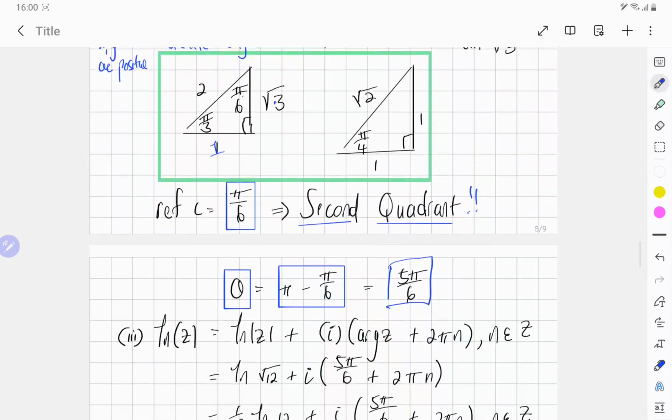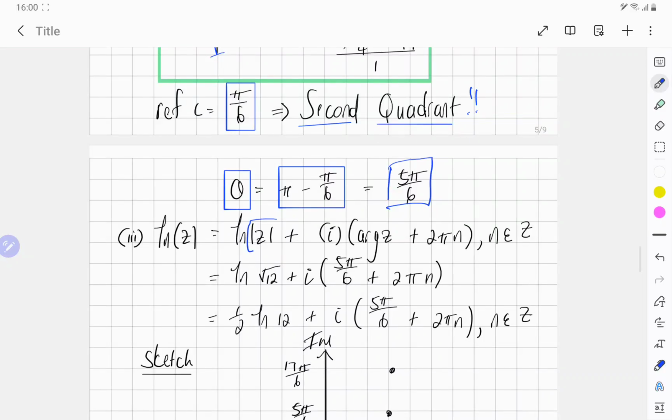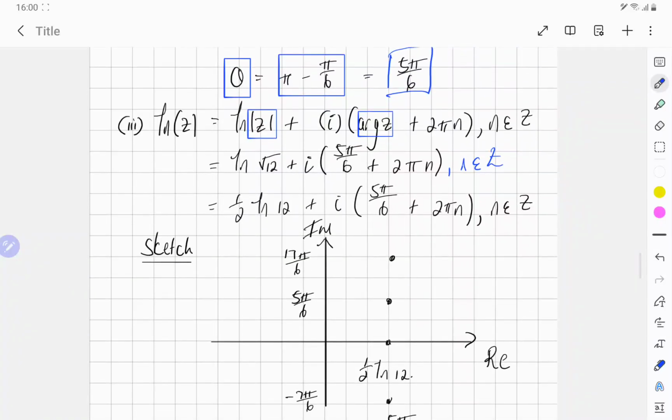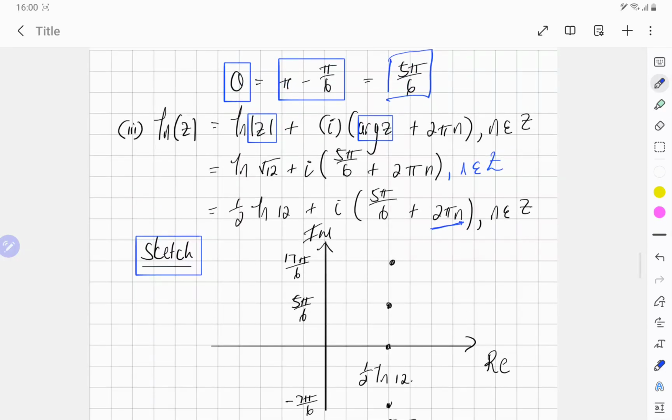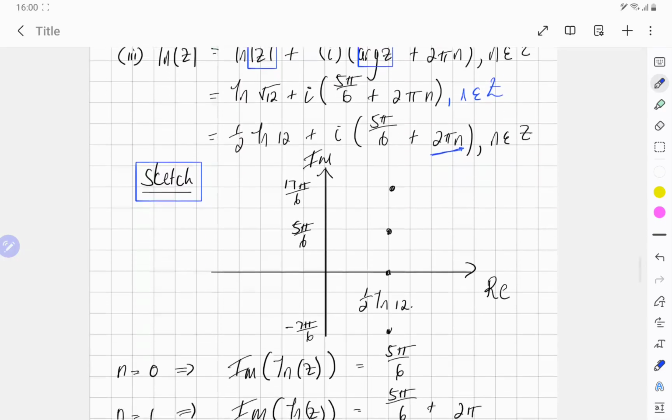Now in the formula we replace our r and we replace our argument. What is important now is to remember that as these angles increase, it's going to change our sketch. Just recall what I said earlier for the sketch. Doesn't matter what n is. This is my real part, half ln 12.